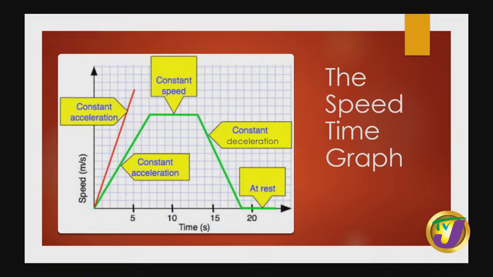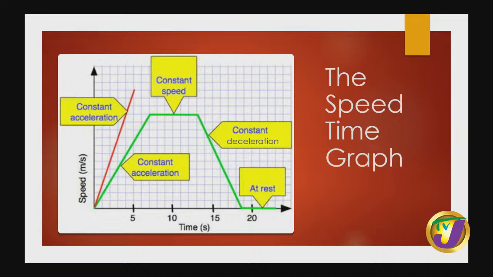I also notice that the red line is labeled constant acceleration. What is happening is that whatever is moving keeps climbing in terms of velocity. There's a direction showing that it is going upward, and it keeps moving.